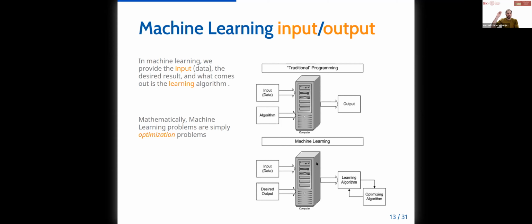The effect is not the topic; the topic is the change in the machine, the change in the character. So at the end you have a learned algorithm that you can use with input data, and you have an output.